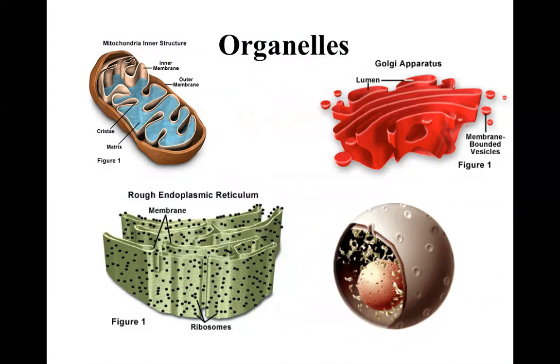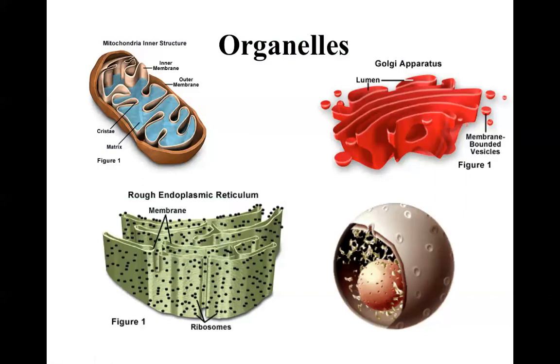Now, if we take all the organelles, and add the cytoplasm that they kind of slosh around in, a gelatinous substance, and I put a membrane around it, I form the next level of organization, which is called the cell.